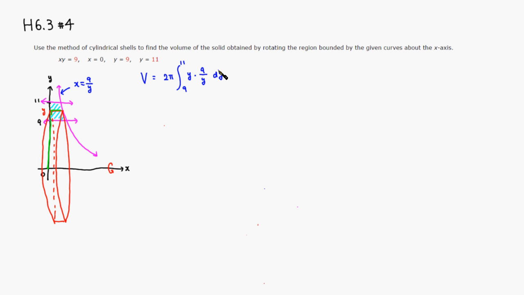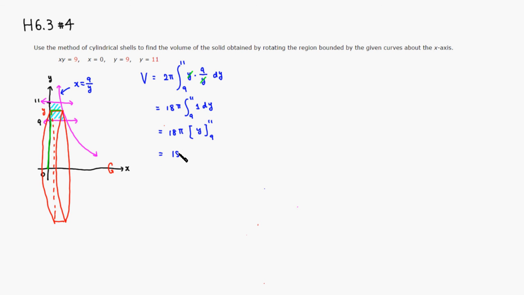Luckily, we can simplify this. You have a y on top and a y on the bottom, and you can pull the 9 outside too. So 2 pi times 9 is 18 pi. Then you're just integrating 1 dy from 9 to 11.